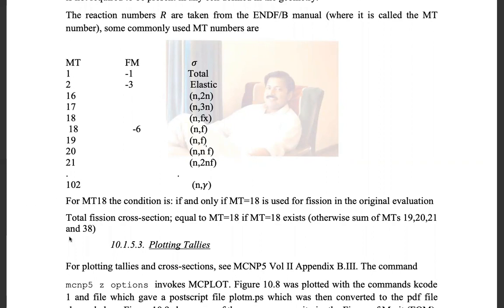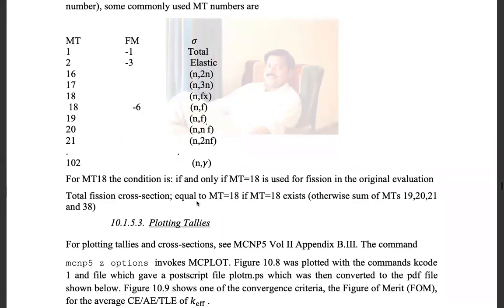So there are lots of these evaluations, and in some, the total fission cross-section is MT18 if MT18 exists, otherwise it's the sum of these four reactions, 19, 20, 21, and 38. So it's the sum of those in which one neutron comes out in a fission, and two neutrons, and so on.